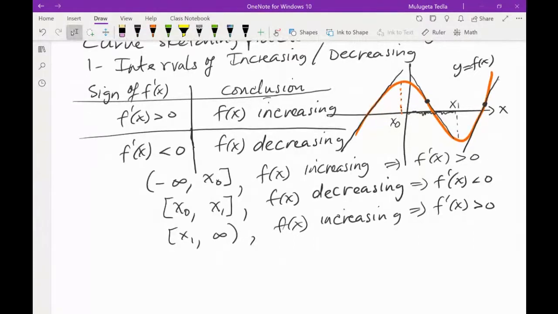So the derivative, which describes the slope, really is a criterion for whether a function is increasing or decreasing. It is very important: if the derivative can tell you if the graph is increasing or decreasing, then that is one application of differentiation.